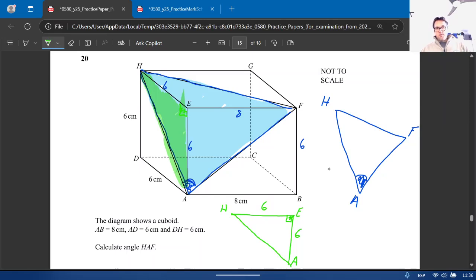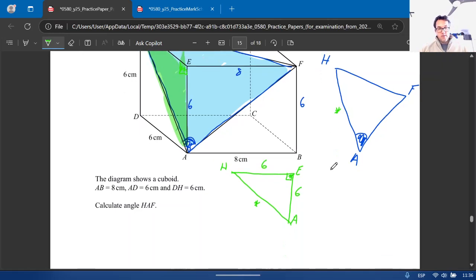So you know what's going on here. We've got a right angle triangle. We can use SOHCAHTOA or Pythagoras, but we're not using any angles at the moment because we've got two sides. We can work out the third side there. Then I'll have the length of this side here. So it's Pythagoras.